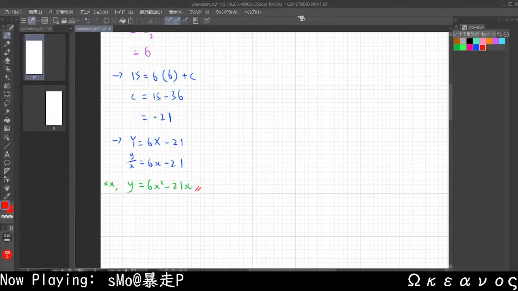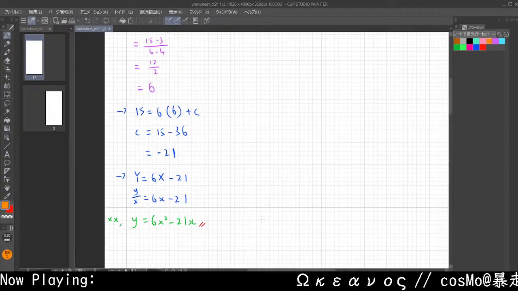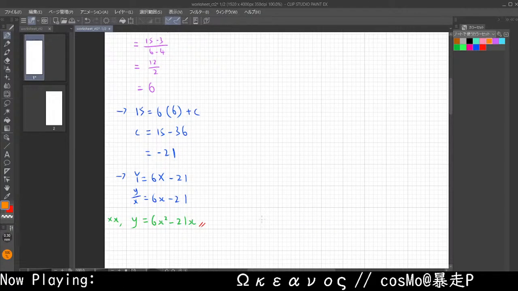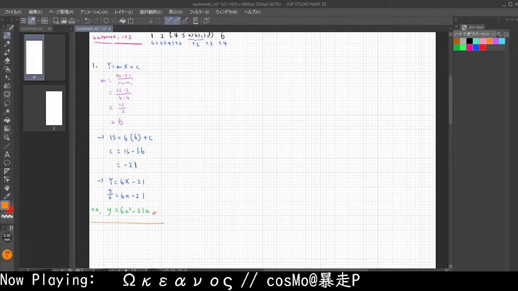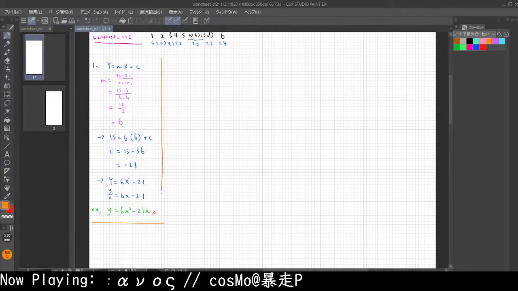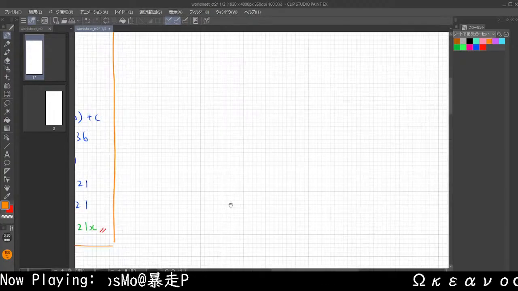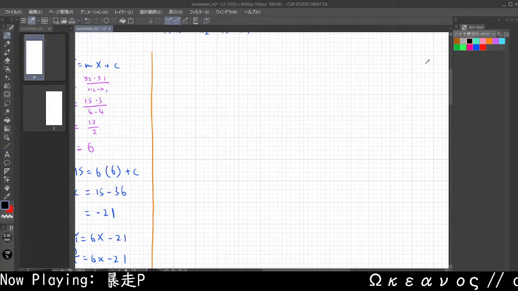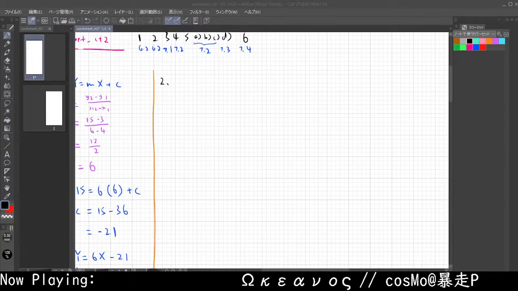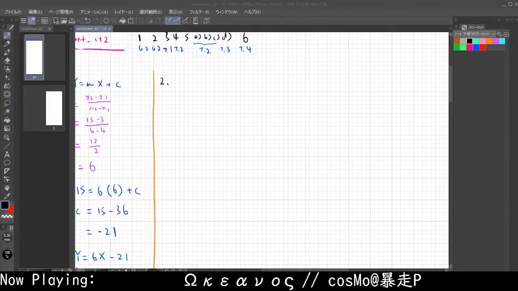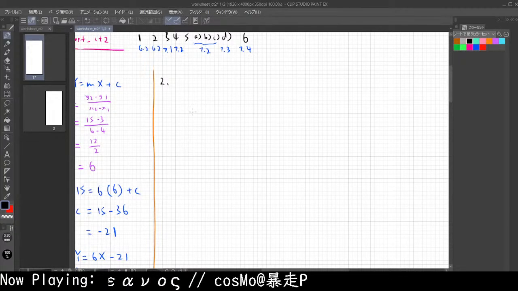So this next would be question 2. Q2 is roughly the same idea. 2 and 3 are the same idea. Q2: the diagram shows a straight line of x squared y against 1 over x, so you basically want to do the same thing.